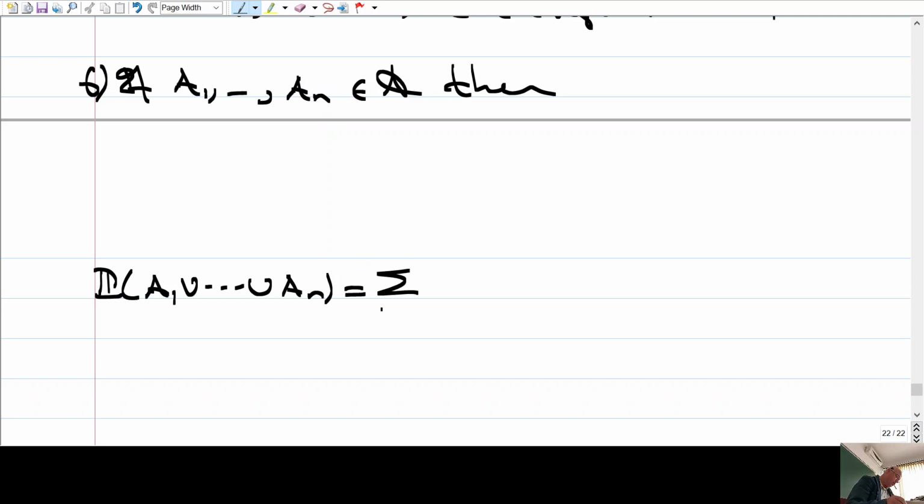This will be the following. Sum of the measures of each AK minus sum of the pairwise intersections. So here you have to be careful.